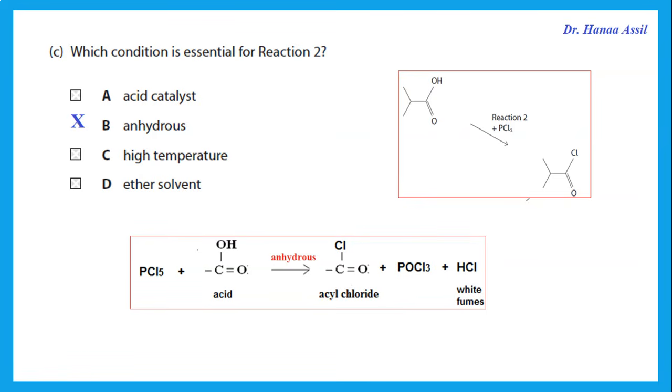We don't need high temperature, and we don't need an ether solvent. Remember, the dry ether is used if, for example, I'm using the lithium aluminium hydride. If I were trying to reduce it, then I would need ether, but the PCl5 does not need ether. So remember, it needs to be in anhydrous conditions or no water.